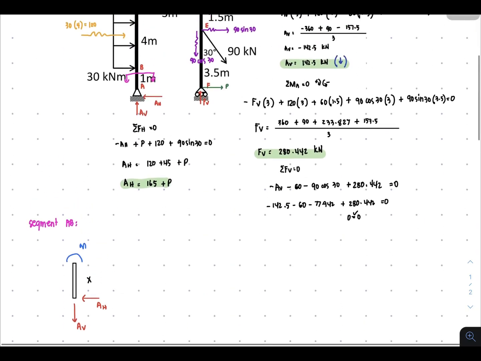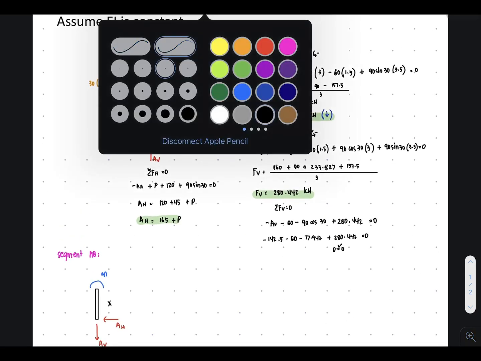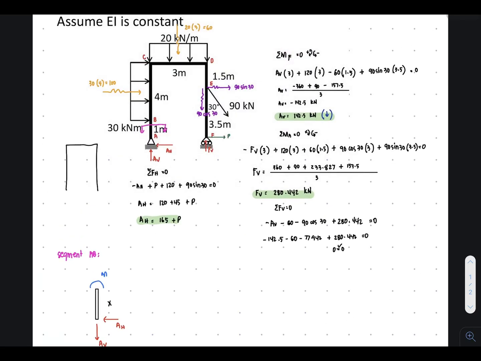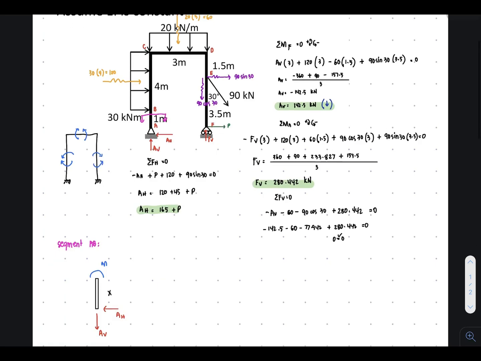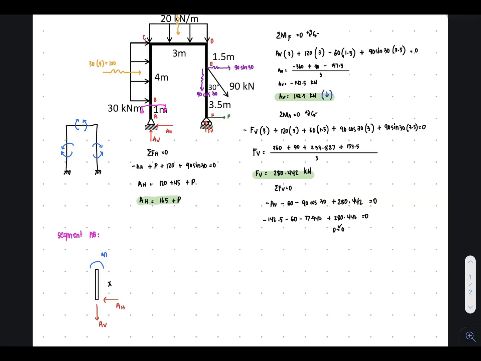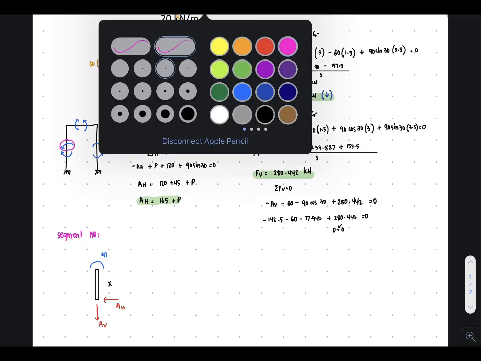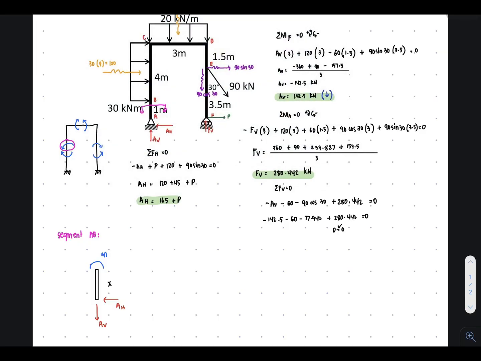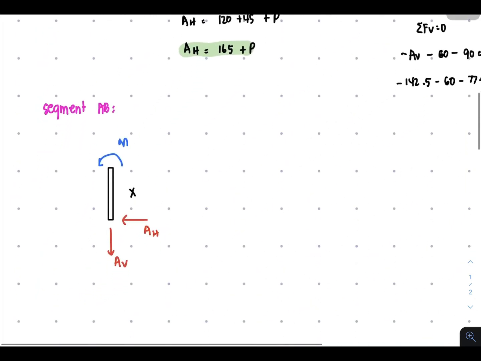So what direction? Remember how to create a moment. Since we're considering the lower portion of the member, we're going to consider this direction. So this is going to be counterclockwise.